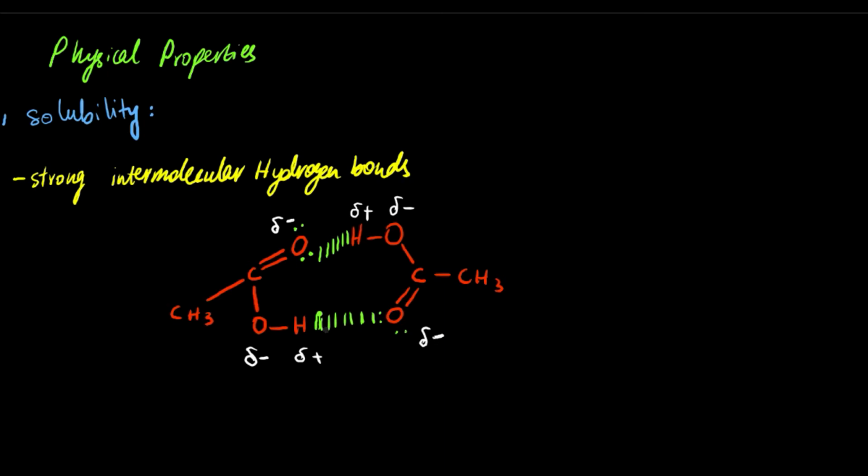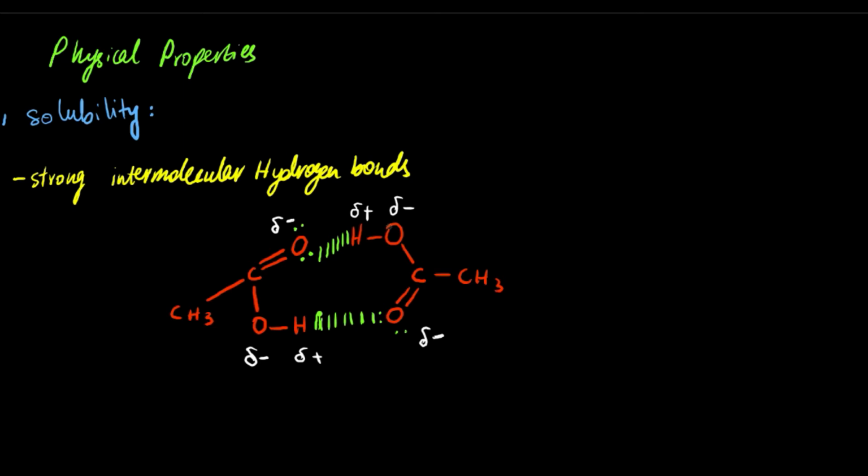Okay, now moving on. We know that solubility is extremely high, but one thing to note is that the solubility of carboxylic acids decreases as the number of carbons increases. Why is that? Let's understand this. It is because the polar part of a carboxylic acid is only the COOH part, right?